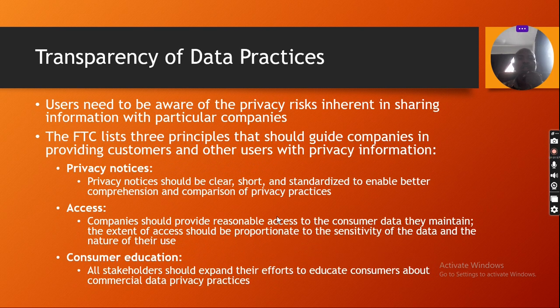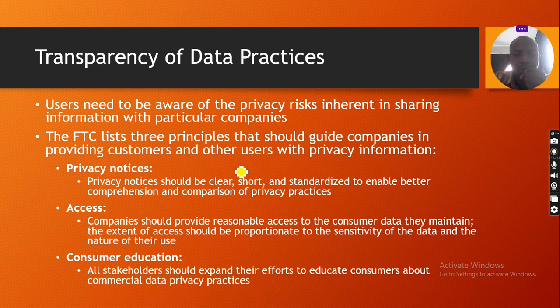Is that okay? Now, transparency of data practices. Here we are looking at three principles. The FTC lists three principles that should guide companies in providing consumers, customers and other users with privacy information. One is privacy notices.